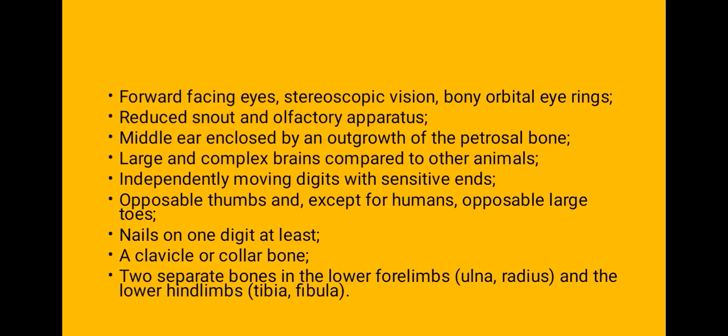Primates. Primate evolution: forward facing eyes, stereoscopic vision, bony orbital eye rings, reduced snout and olfactory apparatus, a middle ear enclosed by an outgrowth of the petrosal bone, large and complex brains compared to other animals, independently moving digits with sensitive ends, opposable thumbs, and except for humans, opposable large toes.